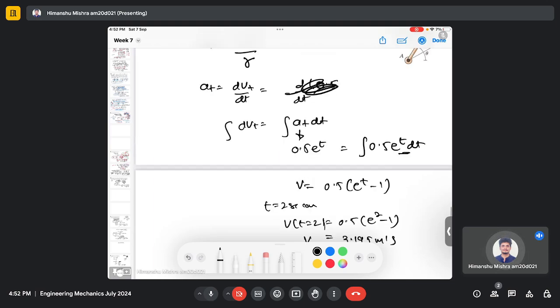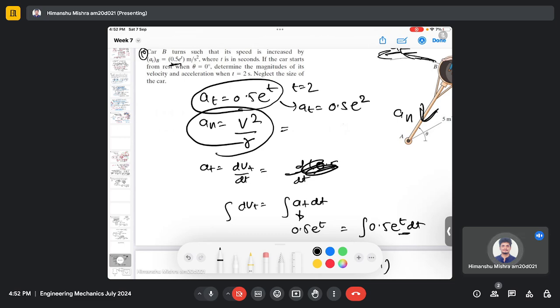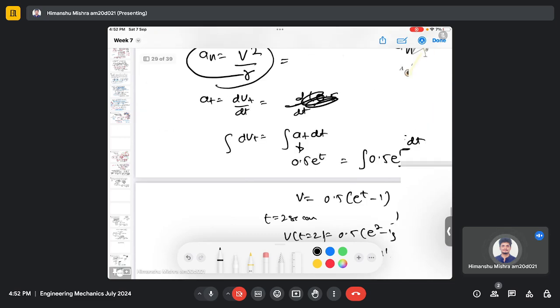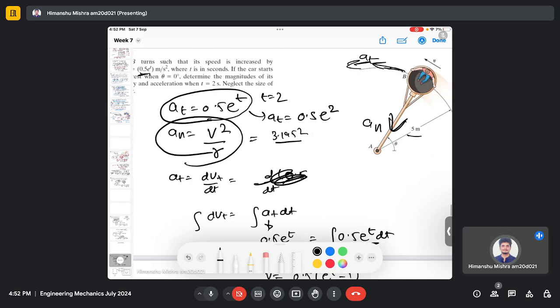Now to find the acceleration, you have already been given the tangential component of acceleration, and at time t equal 2 seconds, your tangential acceleration will be 0.5 e to the power 2. To find the normal component, you will use this expression. Your v is 3.195, so it will be 3.195 squared by r. r is 5 meter.